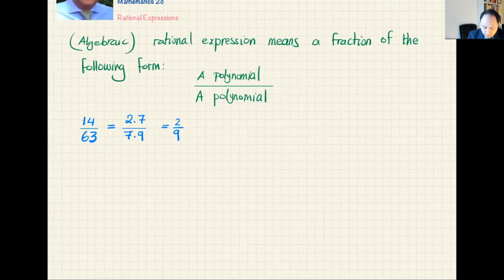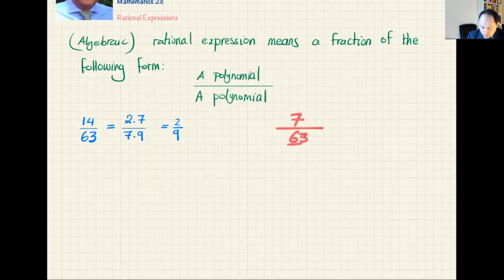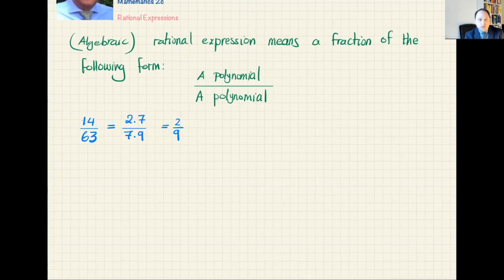For example, if I divide by 2, even though the numerator becomes 7, the denominator is not divisible by 2, it remains 63 over 2. So still I have a mixed fraction. So this is why I have to have a common factor to eliminate. And of course, if I want to make it as simple as possible, I have to pull out the highest common factor possible. Okay?